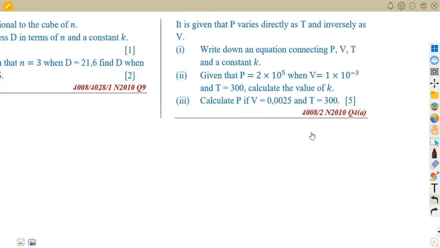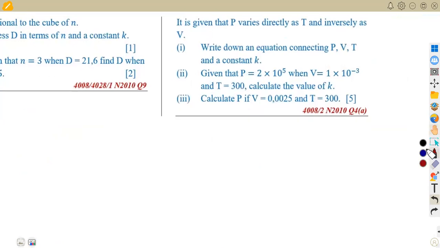And the last part that we have, or the last question that we have, is given that P varies directly as T and inversely as V. So it's a joint variation here, whereby it's directly to T and inversely to V. So it means P varies directly with the T. The moment we consider an inverse, it's now 1 over V. That is for the inverse variation.